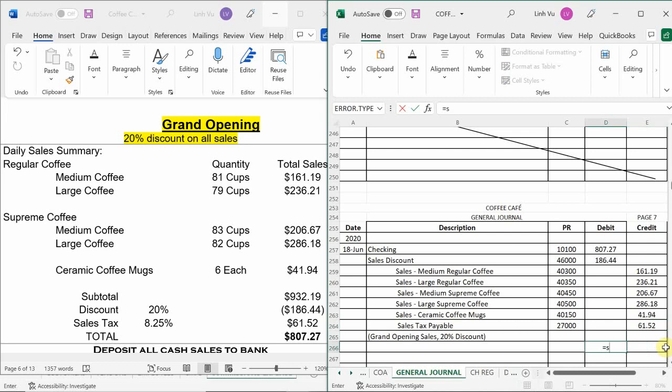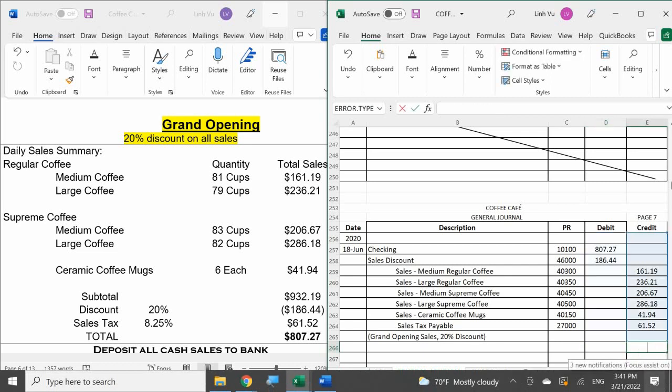And before I move on, just making sure I didn't make any typos here, I'm going to test: do my total debits equal my total credits? So I got $993.71 on the left, $993.71 on the right. So therefore, good. No typos.